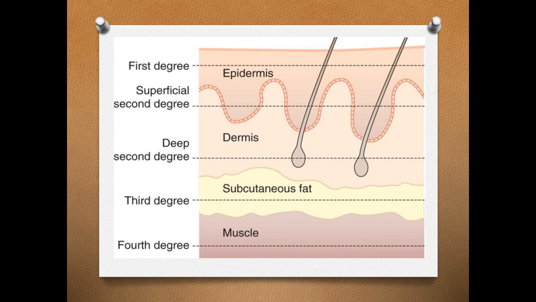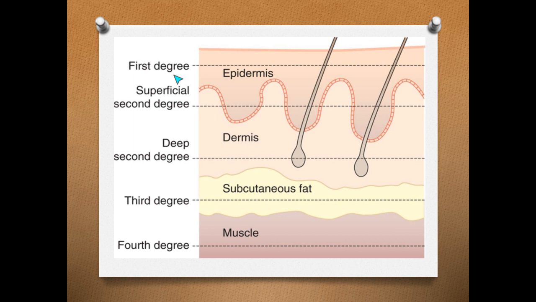Yeah, this slide, you might have heard about first degree, second degree, and third degree burns and so on. This picture shows the idea that first degree burn is very superficial, just hyperemia affecting the epidermis only.